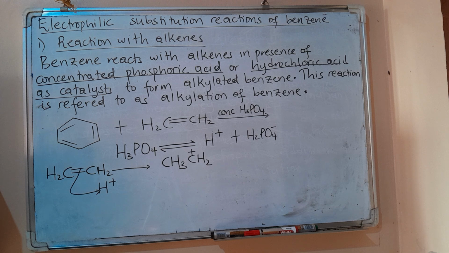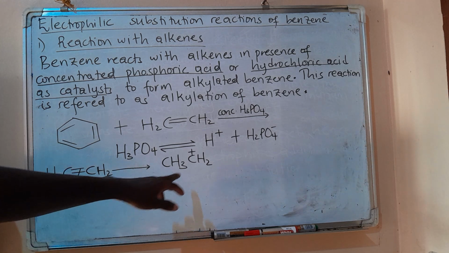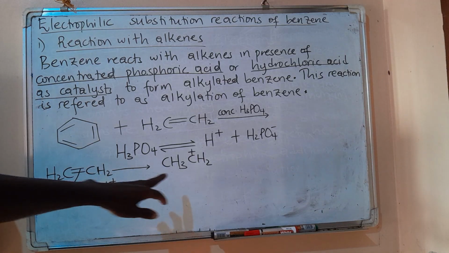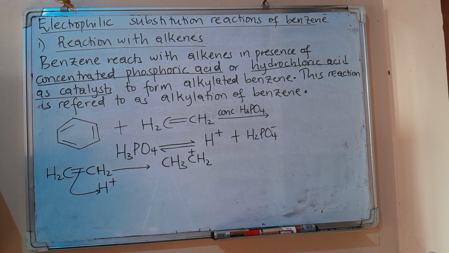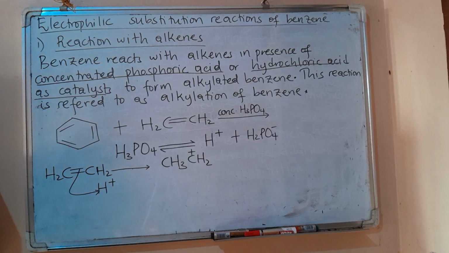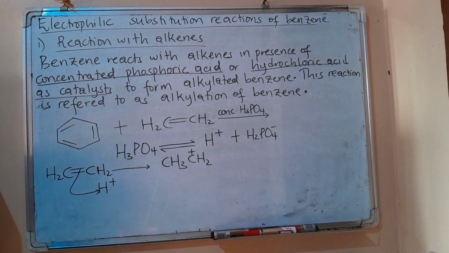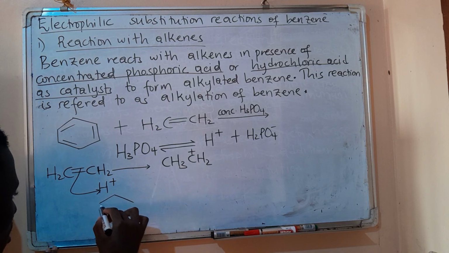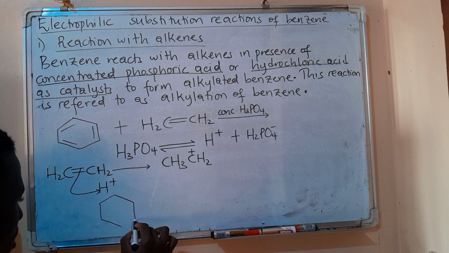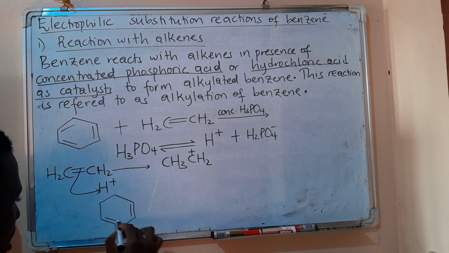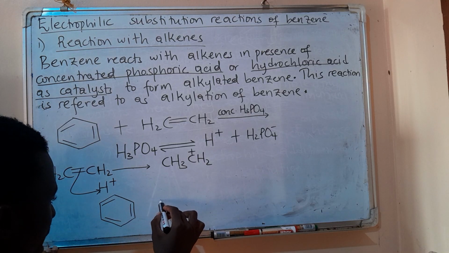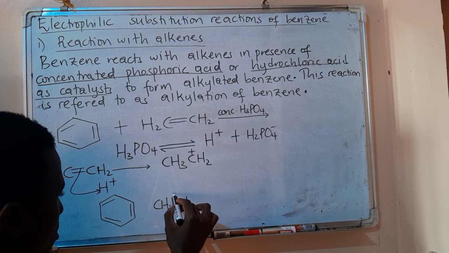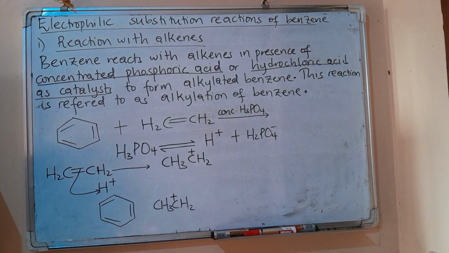Hope you've seen the purpose of the acid is to provide that proton which combines with the alkene to form the electrophile. Now this electrophile is the one which is going to react with the benzene. So I'll bring my benzene ring here, like that, and my alkene that has been protonated.